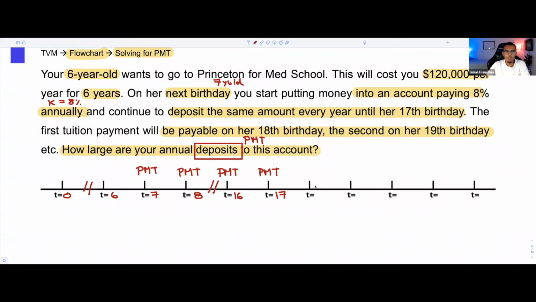But what's so special about year 18? Well, year 18 is when the first tuition payments actually begin. So starting year 18, and I guess we'll put this in a different color just to stress the difference, we're going to have 120K that we need to pay every single year for quite some time.